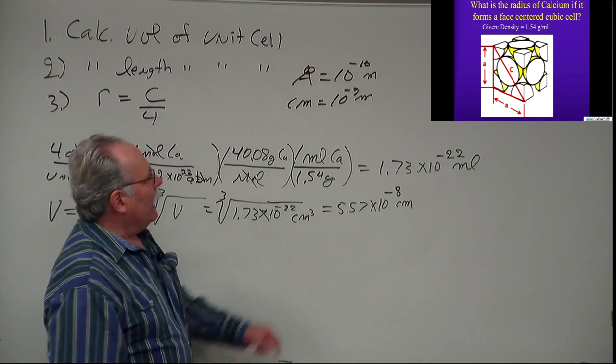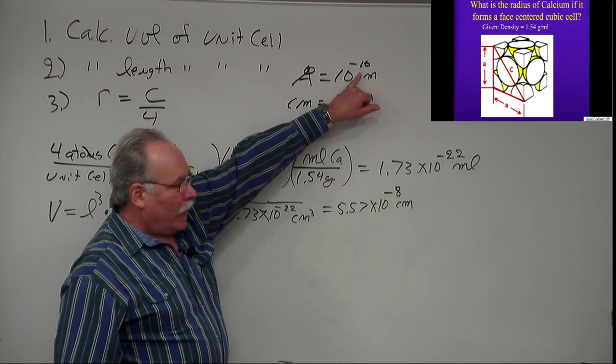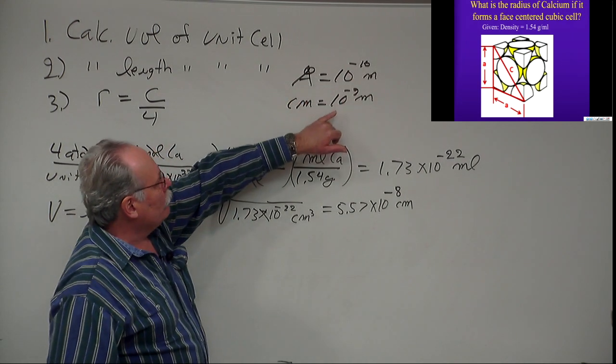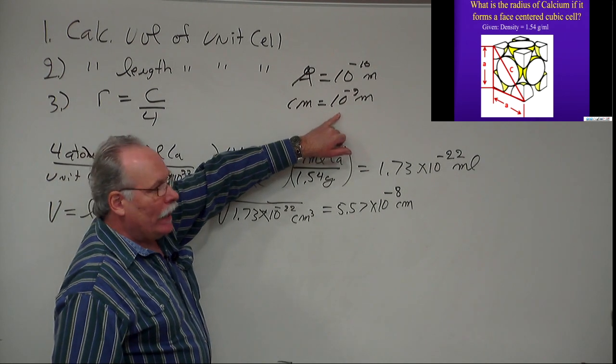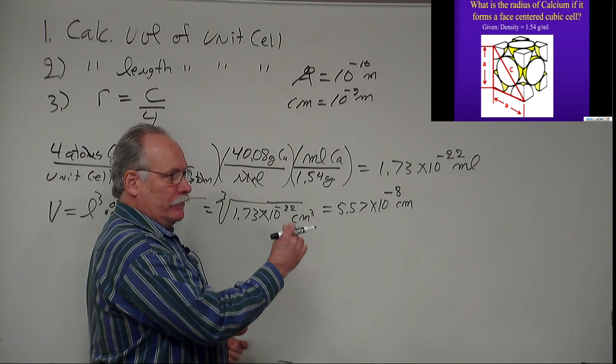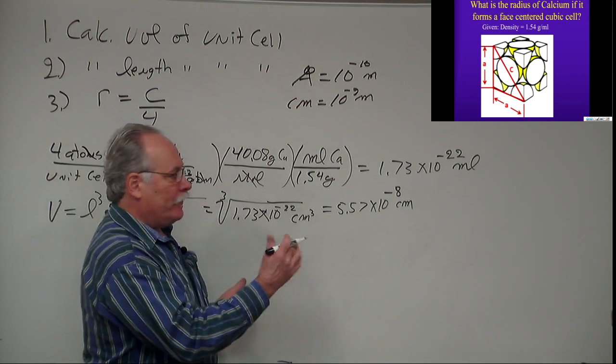So I can say that 1 meter is 10 to the 10th times 10 to the minus 10. So 10 to the 10th angstroms is 1 meter, and 10 squared centimeters is a meter. That is, 10 squared is 100, centimeters is a hundredth, so 100 hundredths is 1.